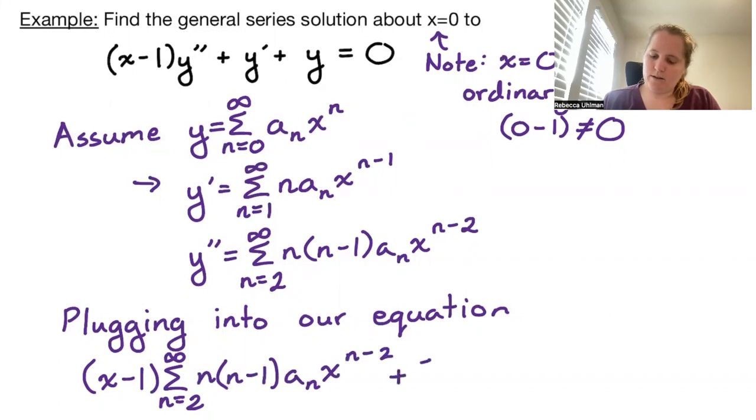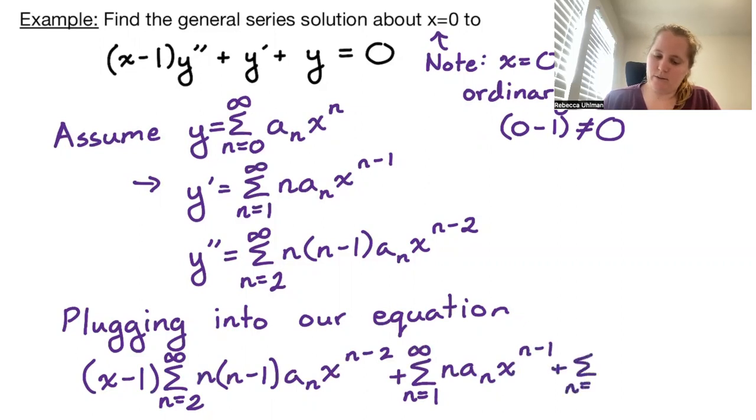Then we have plus the sum from n equals 1 to infinity of n times a sub n x to the n minus 1. And then we have plus the sum from n equals 0 to infinity of a sub n x to the n, and all of this is equal to 0.